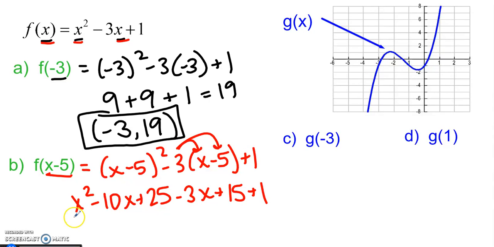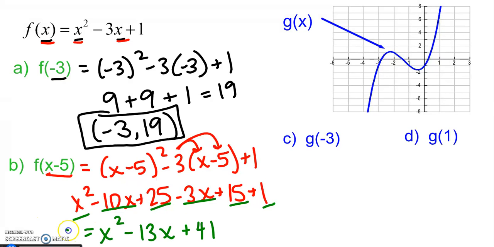Do some mental math. I've got my like terms. X squared, negative 10x and negative 3x makes negative 13x. 25 plus 15 gives me 40 plus 1. So f of x minus 5 is equal to this quadratic.